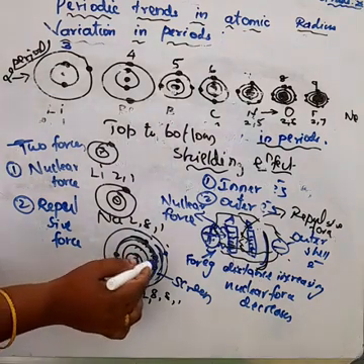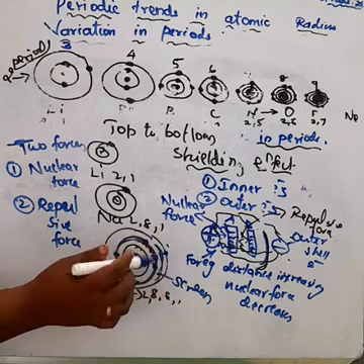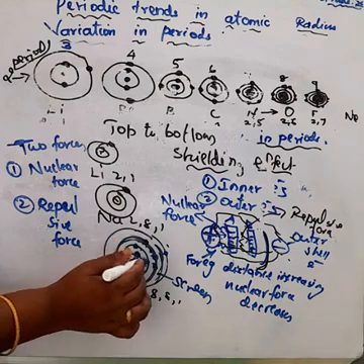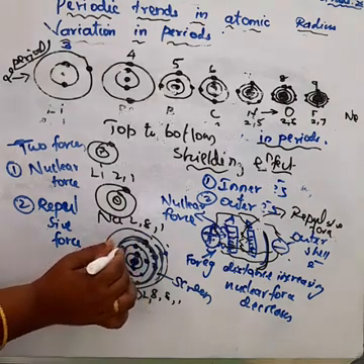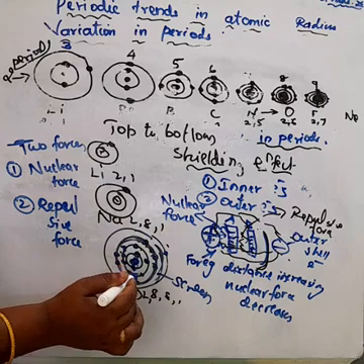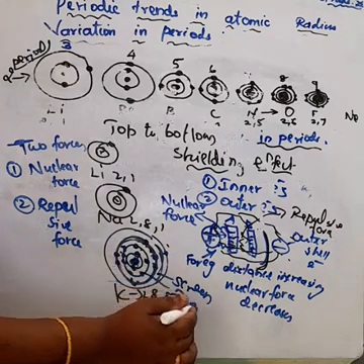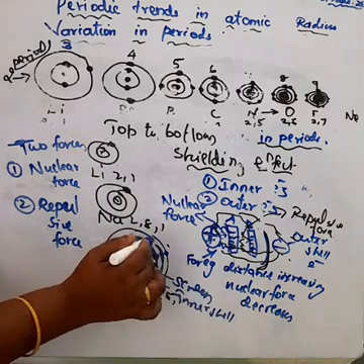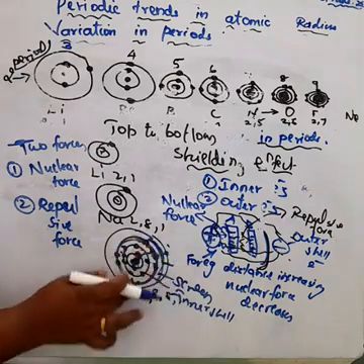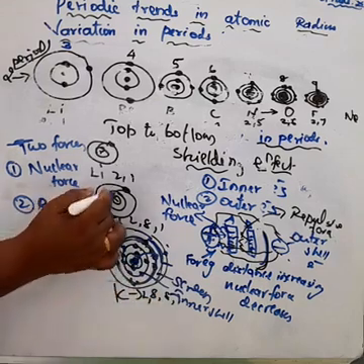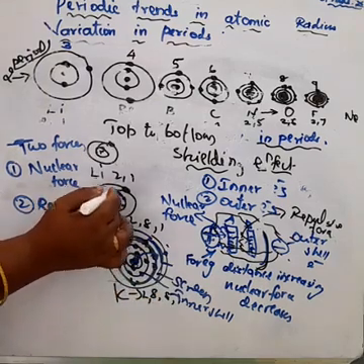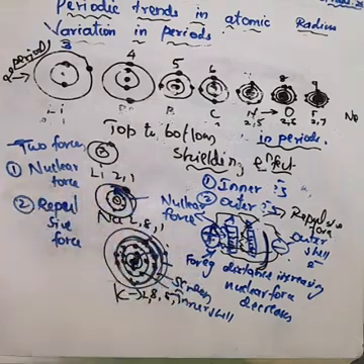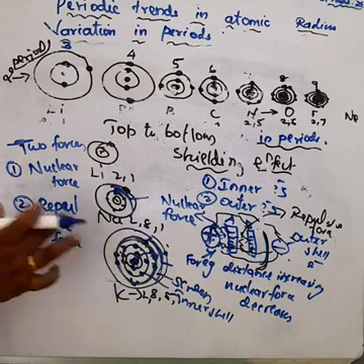The electrostatic force of attraction is very high on the nearest orbit electrons, the inner electrons. The nucleus also attracts the outermost electron, but the inner electrons act as a screen between the nucleus and the electrons. So the electrostatic force of attraction will be low. This effect is called the screening effect.